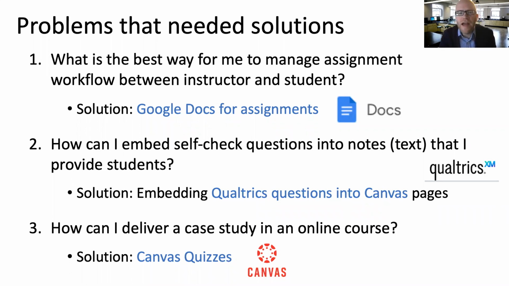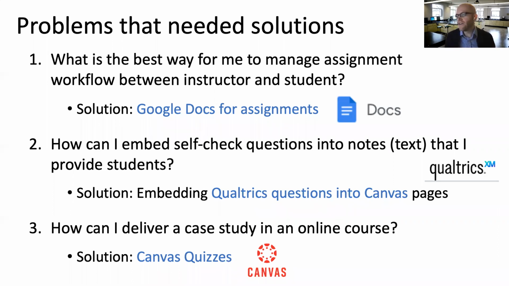Another problem that I had was I wanted to provide some notes to students, basically like a supplement to a textbook kind of thing. But I wanted to be able to embed some self-check questions into it. So this wasn't like creating a quiz or something. I didn't need to have points available for it.